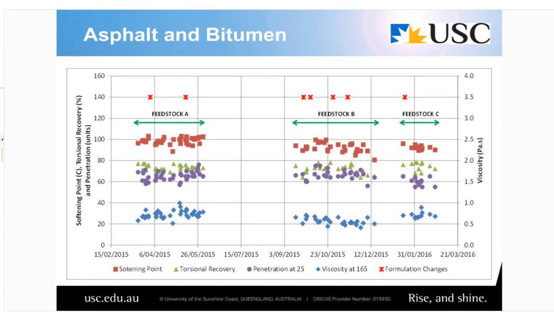And if you do some statistics on that data, things changed significantly over time, as did the performance of the asphalt that was going on the ground in terms of early life rutting and shoving very early after the asphalt was produced.